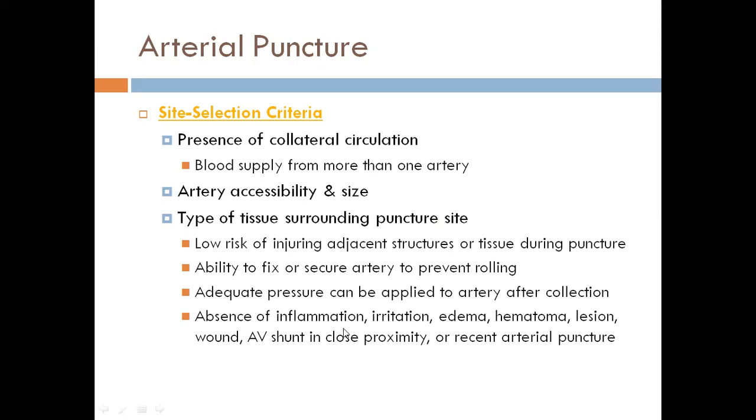Okay, so the caution on the last criteria of site selection is that never select a site in a limb with AV shunt or fistula. So AV shunt or arteriovenous fistula is common in patients undergoing dialysis. Pag merong mga kidney disorder or kidney failure, nag-undergo na yan ng dialysis.